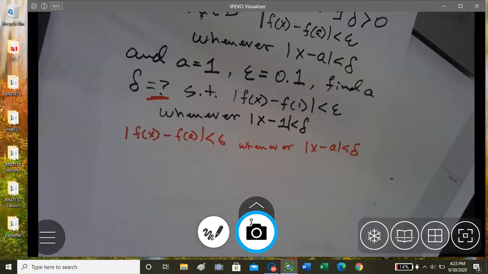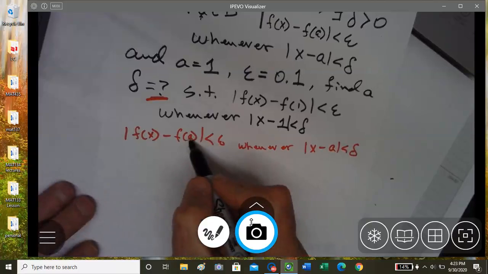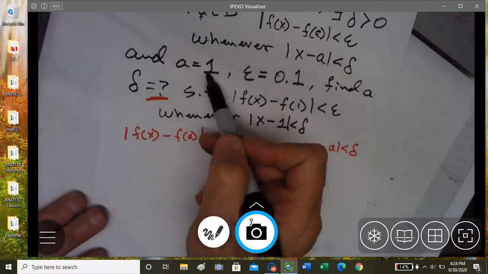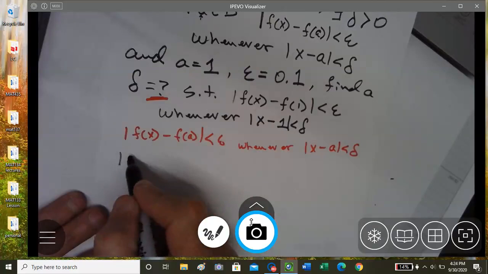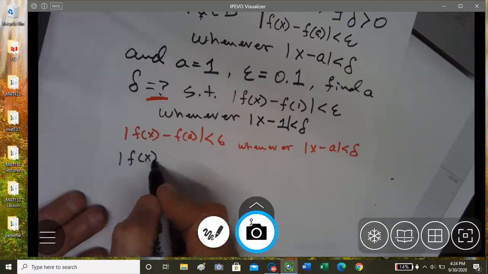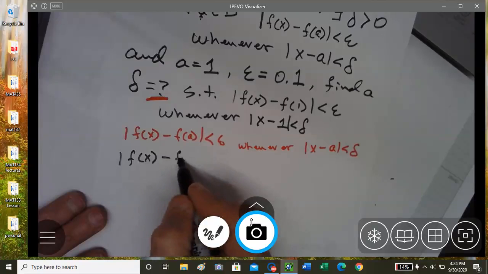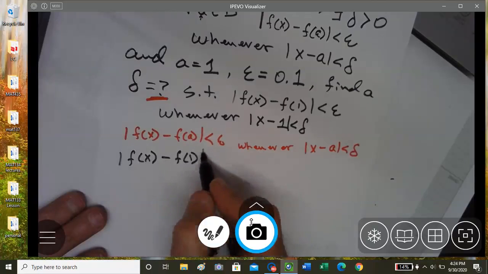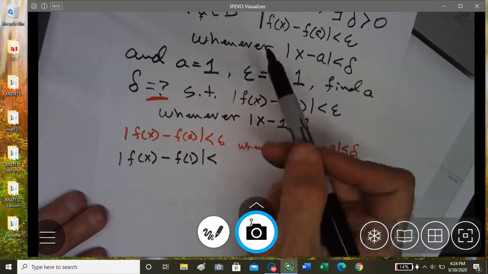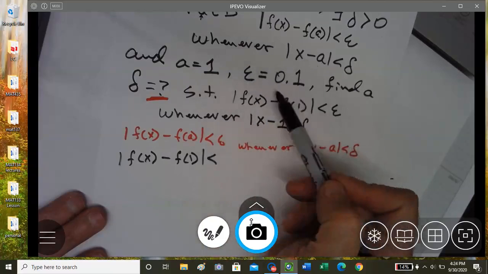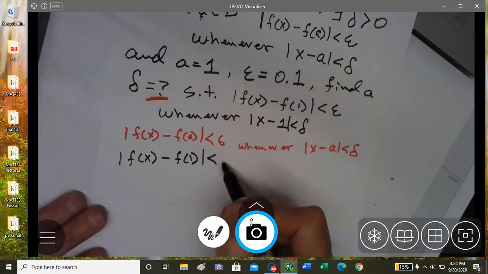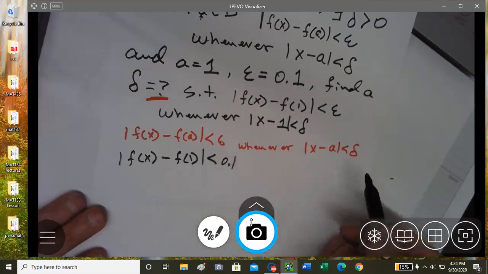All right, so what we do is we know that a is 1. So we can say |f(x) minus f(1)| is less than epsilon, and we're saying epsilon is 0.1, so we can put 0.1 here.